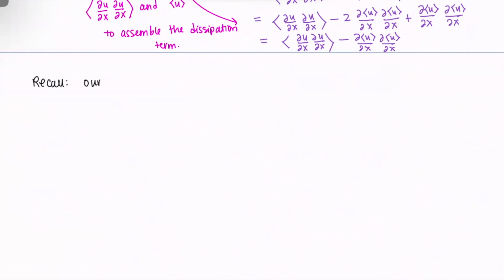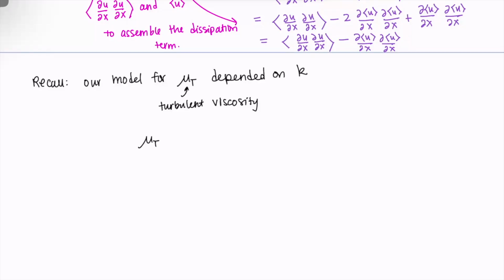Our model for our turbulent viscosity depended on K. We had that mu T was equal to some constant coefficient, density times the length scale times mean K to the 1/2.